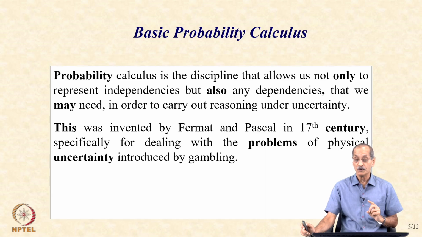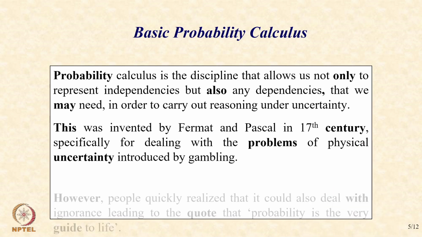The idea which they came up with was essentially applicable for the whole idea of gambling that people were completely immersed in at that time, and the problems of uncertainty in the game of gambling, that is what they modeled using this whole process of probability calculus.